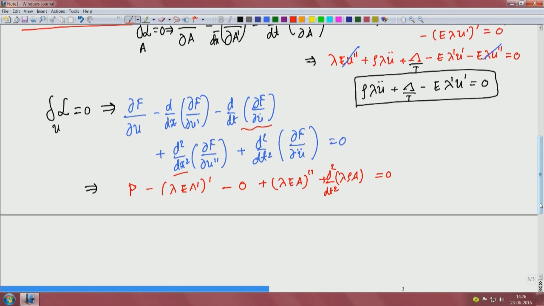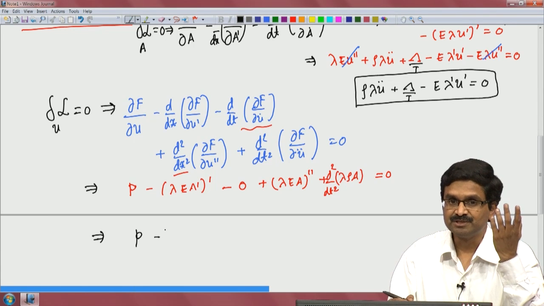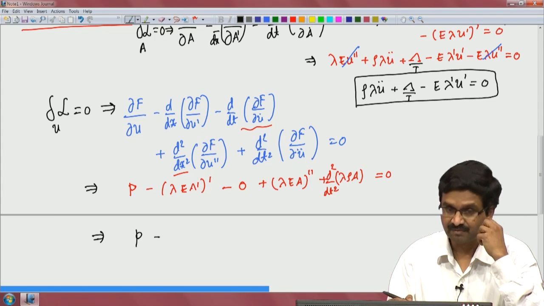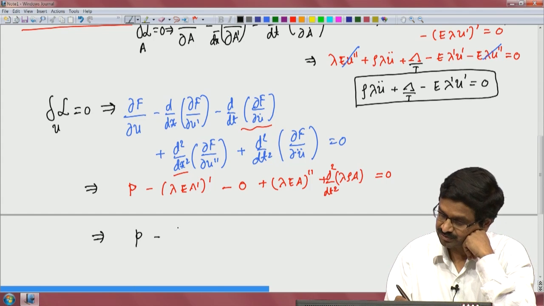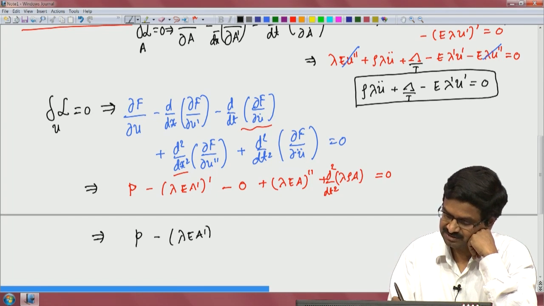Now, let us simplify this adjoint equation. We want to see that it will be similar to the governing equation. So, we will not expand this, because this is going to get cancelled with something.